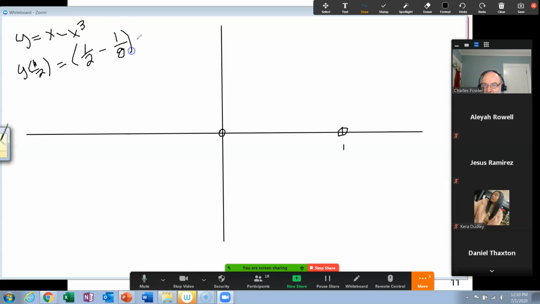Okay, and that would be 4/8 minus 1/8, that would be 3/8. So 3/8 would be somewhere along in here. Okay, so at 1/2 you're around 3/8.